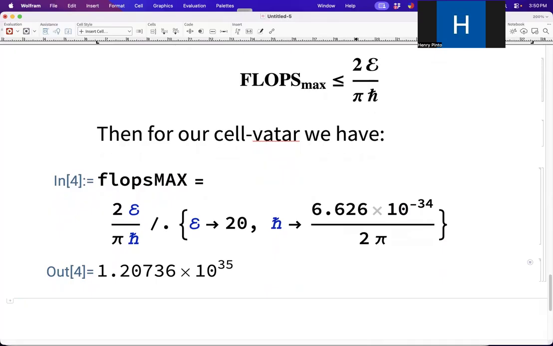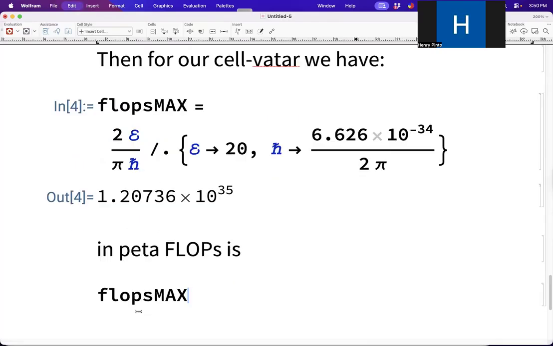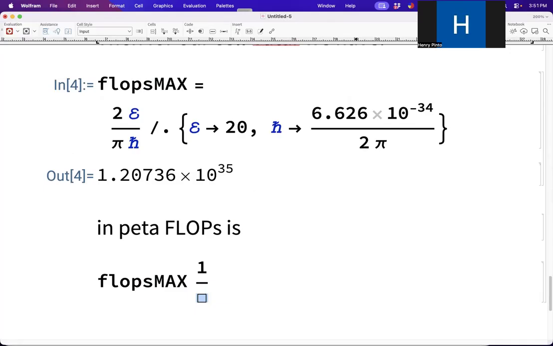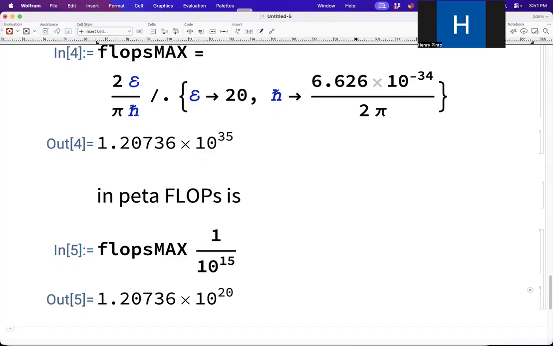In petaflops, it will be this result multiplied by 1 divided by 10 to the 15. Why do I like to use petaflops?